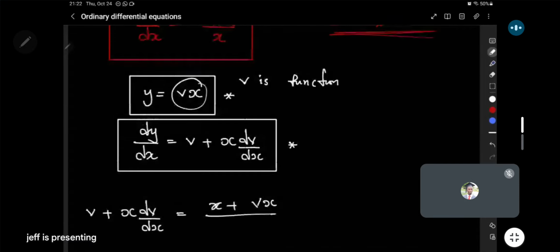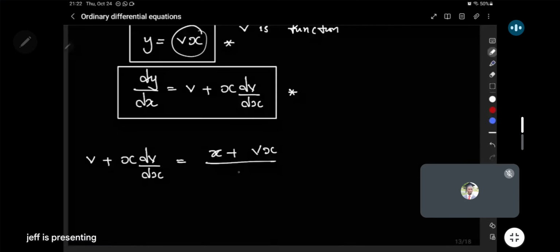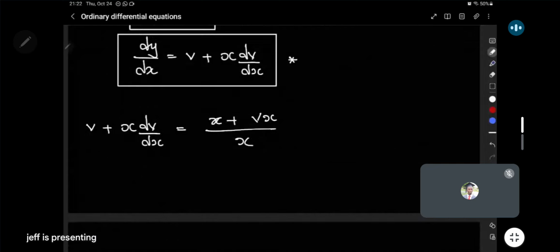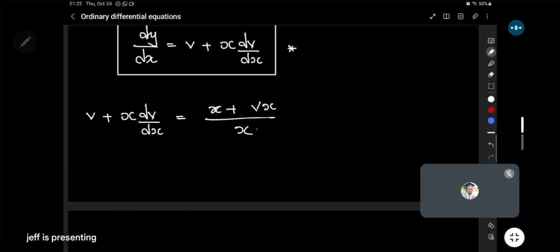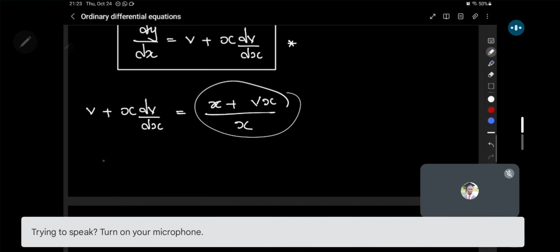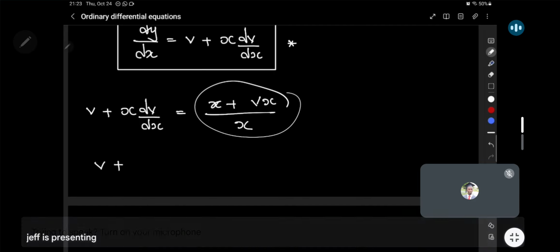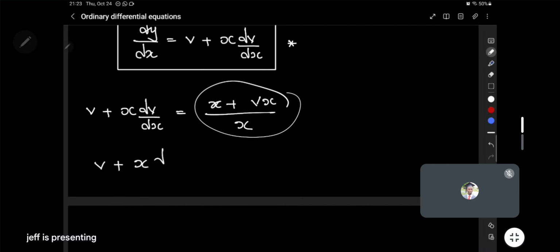In the denominator, we have x, so it will remain exactly the way it is. So our expression has reduced to this. This part here, we can write as separate fractions. So we'll have x dv/dx equal to, this will be x over x, which is 1, plus vx over x, which reduces to just v.